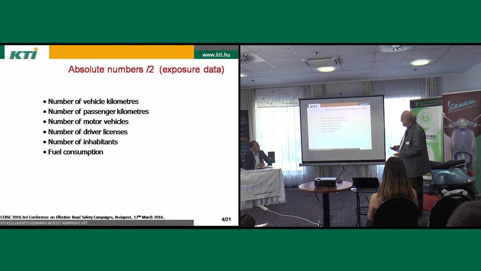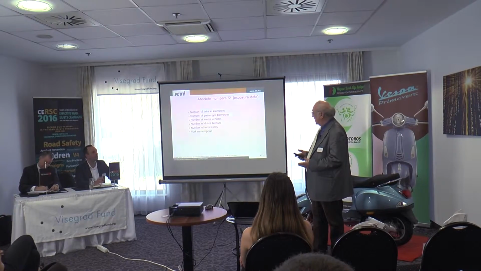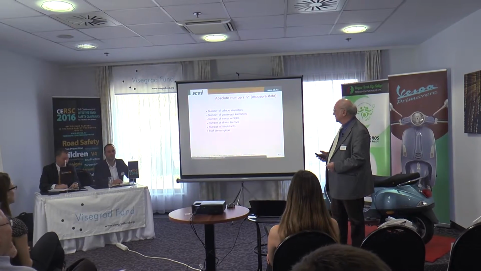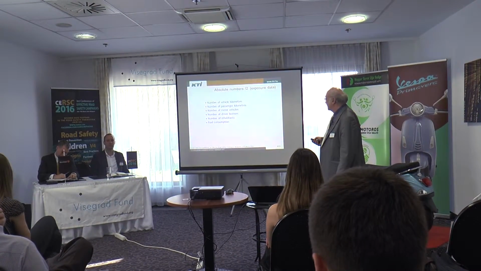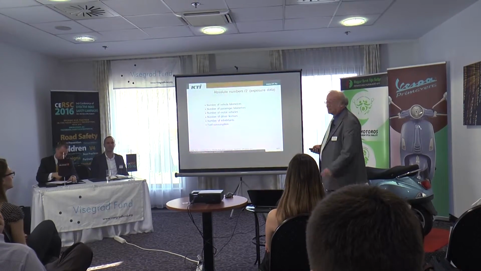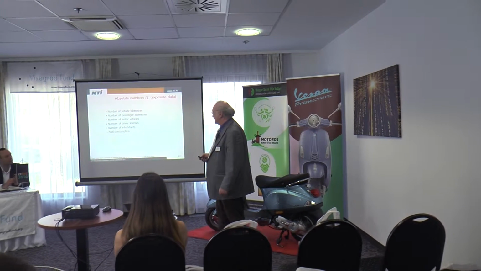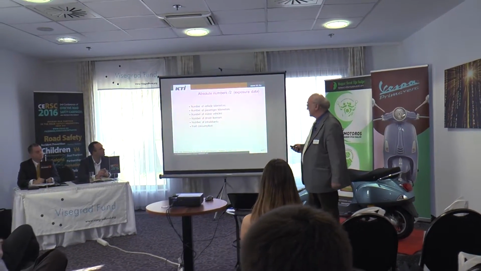Then the exposure data. We need this data if we try to express the risk of being killed or being involved in an accident. And these data are the following: number of vehicle kilometers. This is the best one. It expresses best the danger of being involved in an accident.